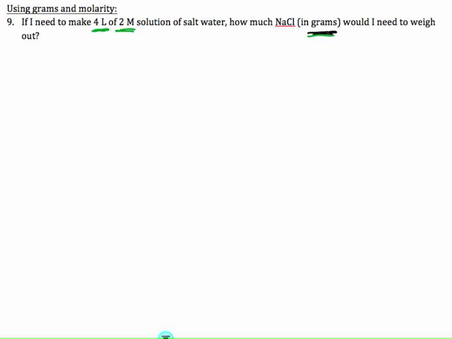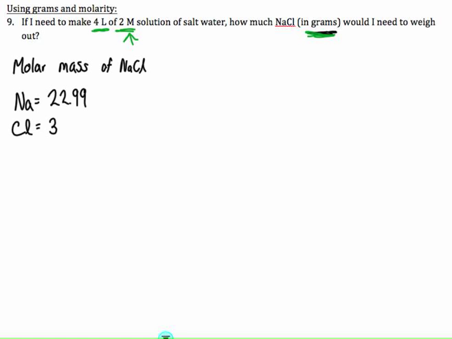So, if I'm going for grams and I have moles in moles per liter, I'm going to need the molar mass. No matter what, I'm going to need to find the molar mass of NaCl. In NaCl, there's one of each. Na has a mass of 22.99, chlorine 35.45.